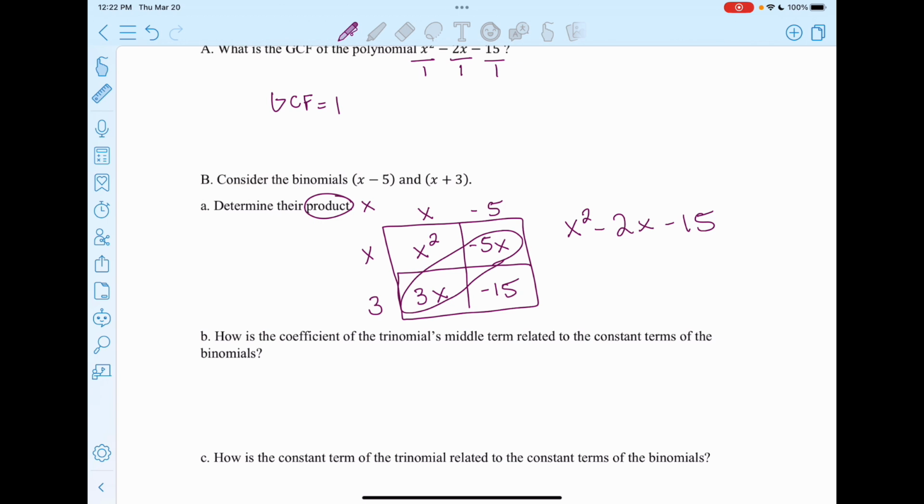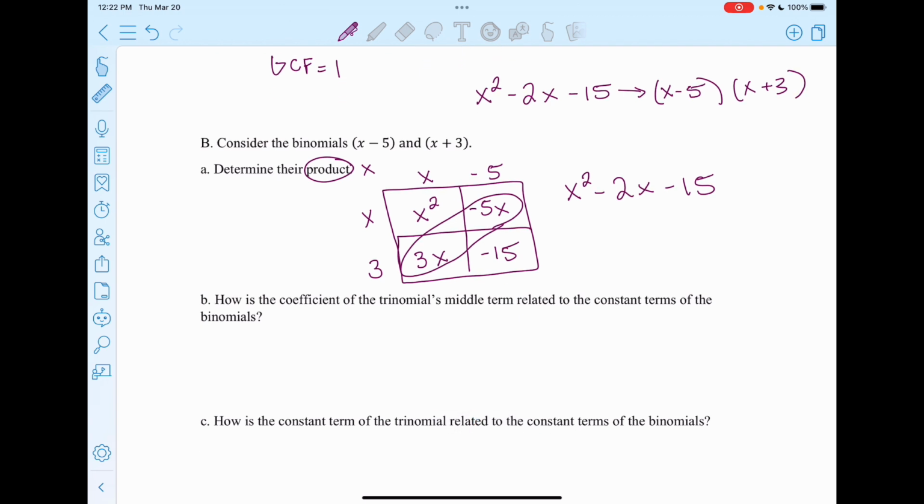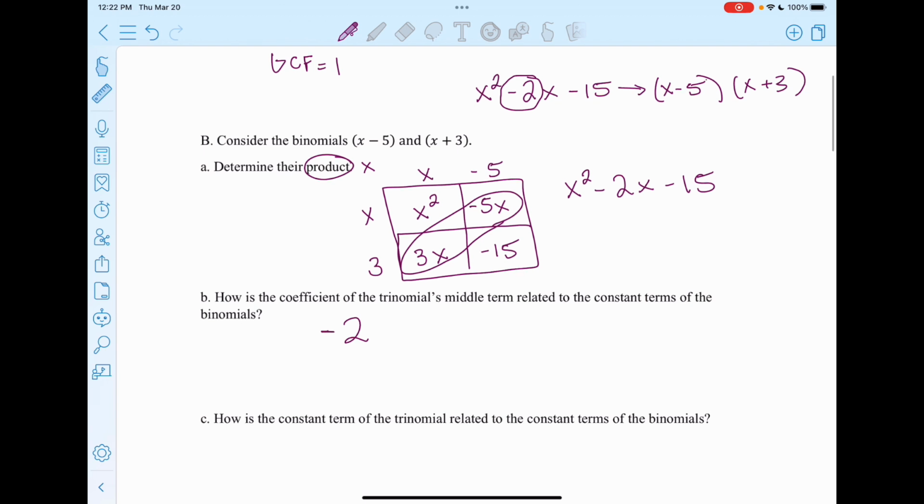With factoring, we are trying to work backwards. I want to know, is there a way to start with our answer, x squared minus 2x minus 15, and figure out that its factors were x minus 5 and x plus 3. So in part B, it says, how is the coefficient of the trinomial's middle term related to the constant terms of the binomials, negative 5 and 3?